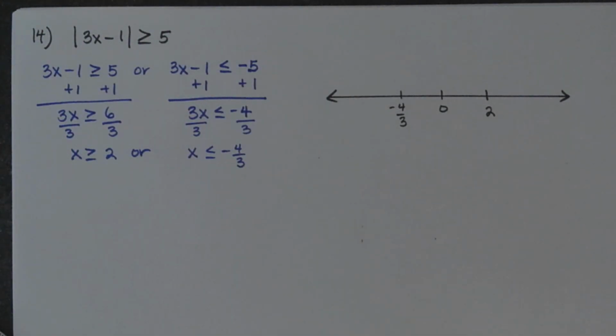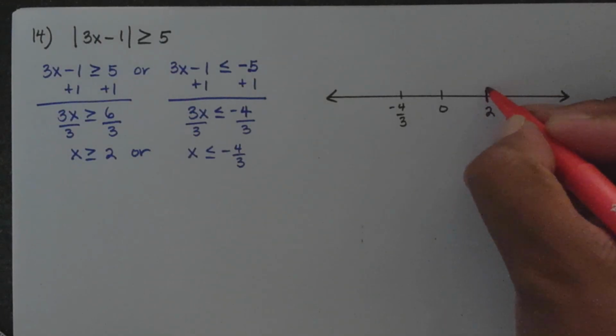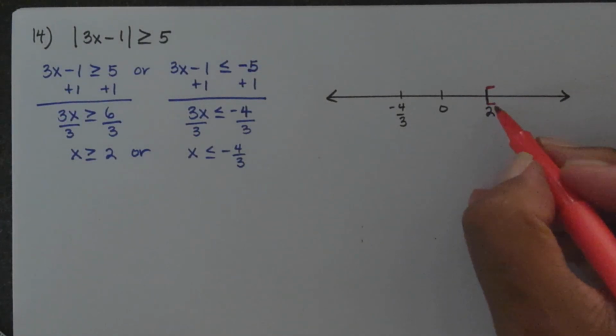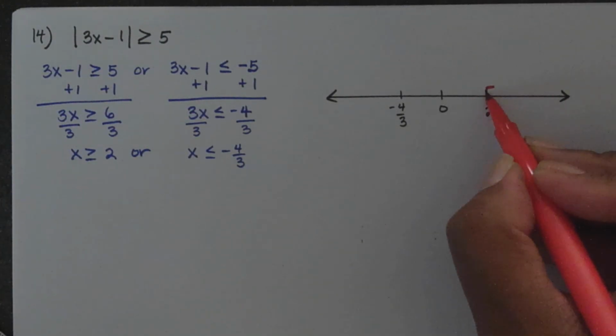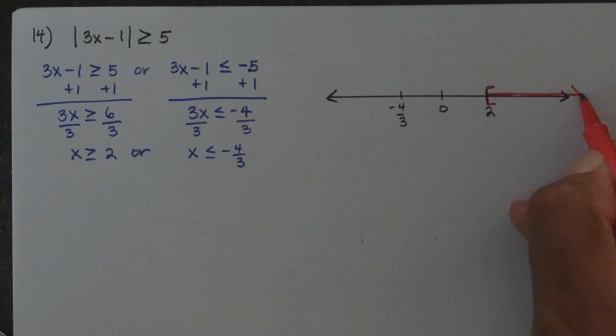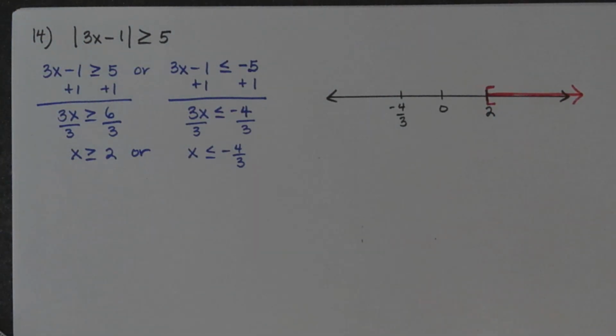Now for x is greater than or equal to 2, do I need a bracket or parentheses? Bracket at 2. And it says greater than or equal to 2. So which direction do I need to shade? To the right, because that inequality symbol points to the right, you shade to the right.